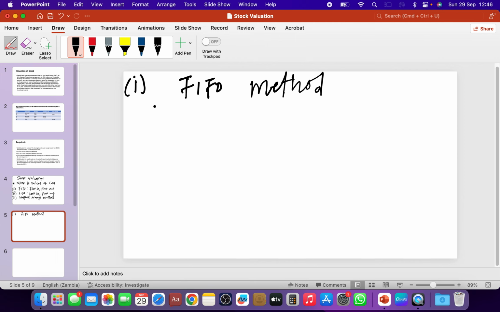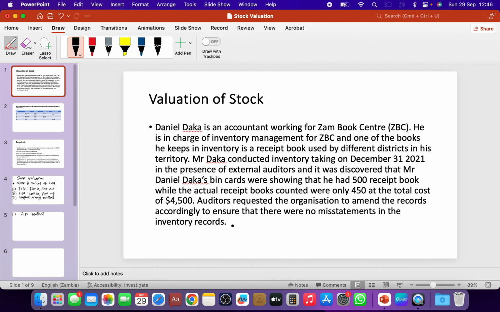To demonstrate how the FIFO method of stock works, we're going to look at this question. Daniel Daka is an accountant working for Zambook Center. He is in charge of inventory management for ZNBC, and one of the books he keeps in inventory is a receipt book used by different districts in his territory.